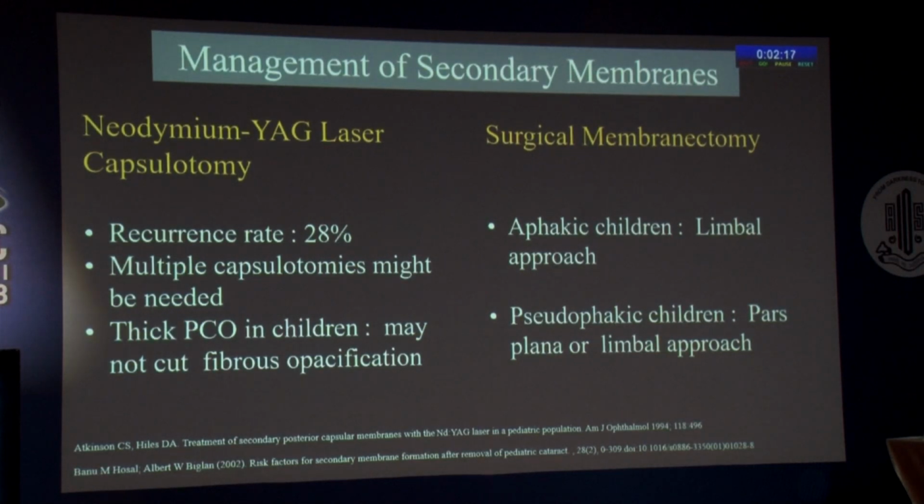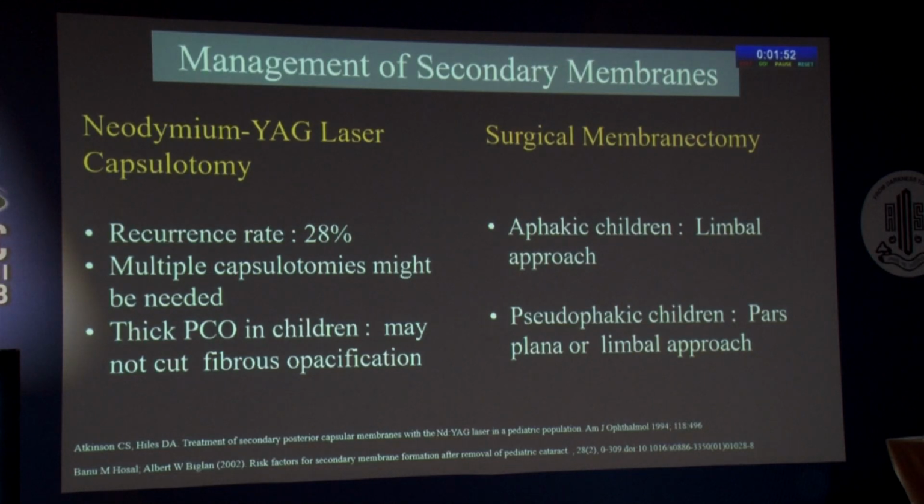Usually the lens epithelial cells proliferate along the anterior hyaloid and thus cause visual axis opacification. These opacifications are usually thick and might not be cut with Nd:YAG. In that case, you need to do a surgical membranectomy. In aphakic children, we usually prefer membranectomy through the limbal approach.